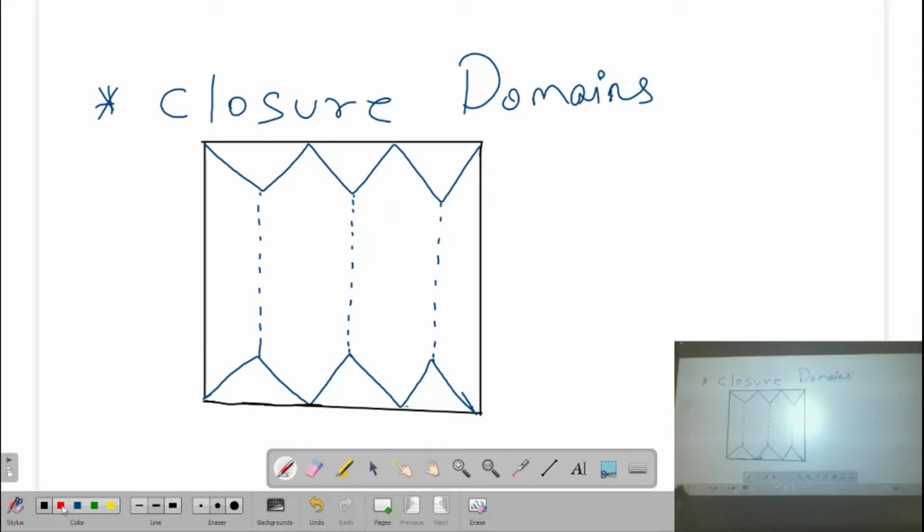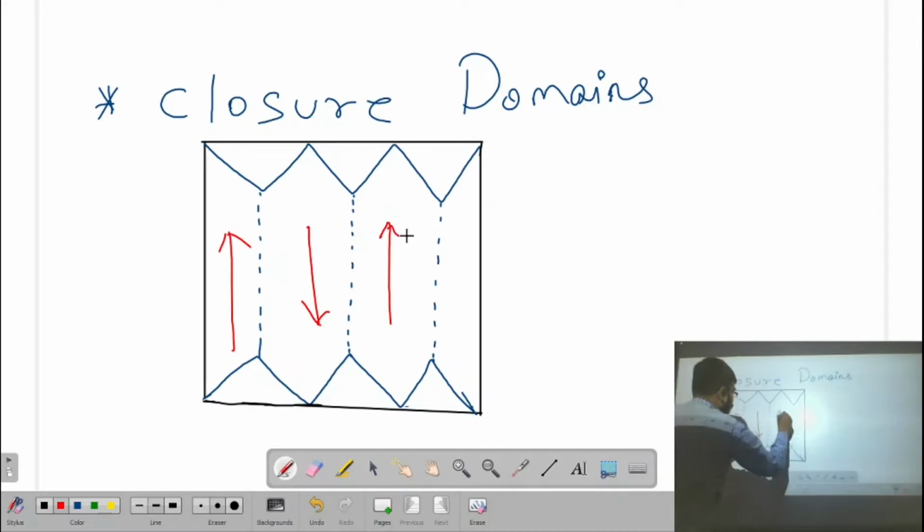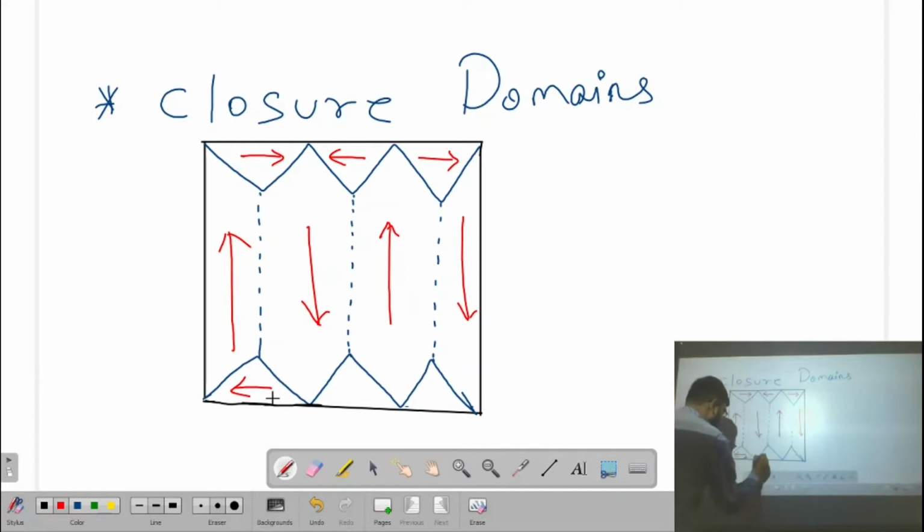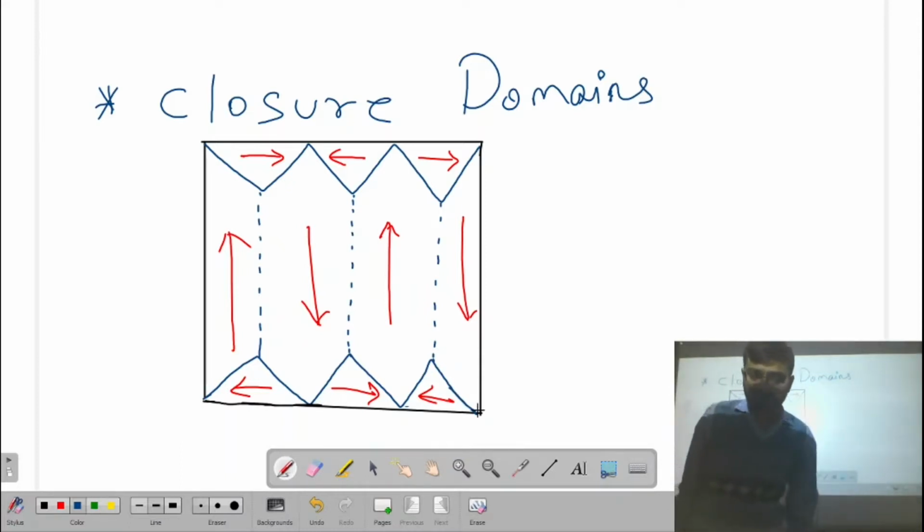These are nothing but domains and these are closure domains. Yes, this is a more complex structure as compared to what we have seen in the last one. That was a very simple one, but in practice, this kind of structure will be more complex inside a material.